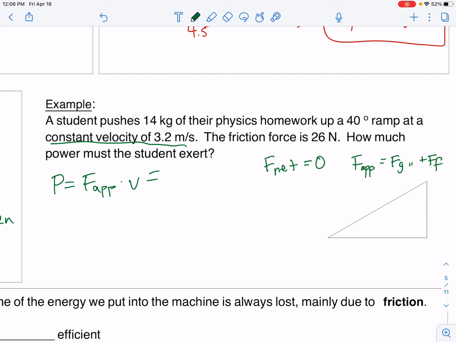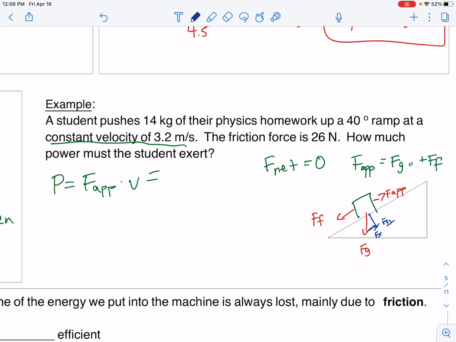All right, because again, if we break this out into a free body diagram, we see F applied, F friction, F gravity, F gravity perpendicular, F in the x direction, or F parallel.